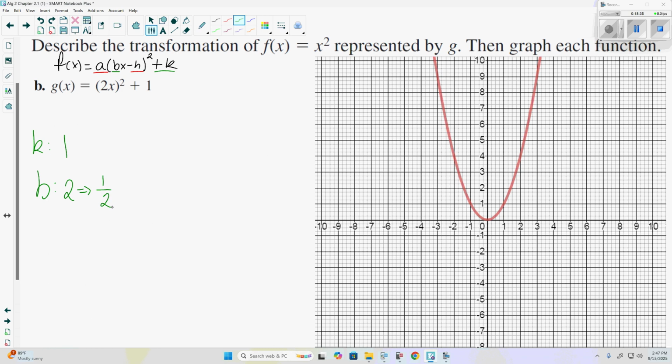So our flipped value is 1/2. And because it is 1/2, it tells us that we have a horizontal what? Shrink of 1/2. Because it's not based off the original value, it's based off the flipped.